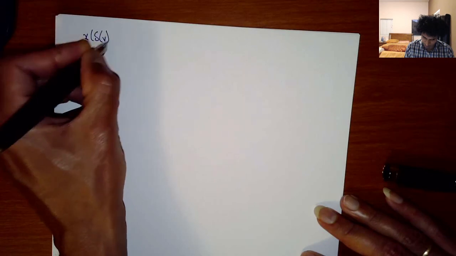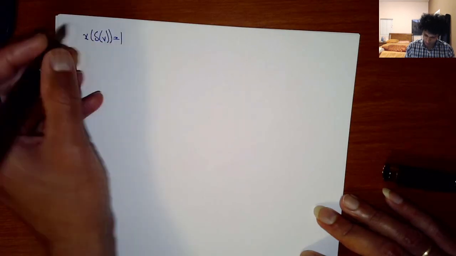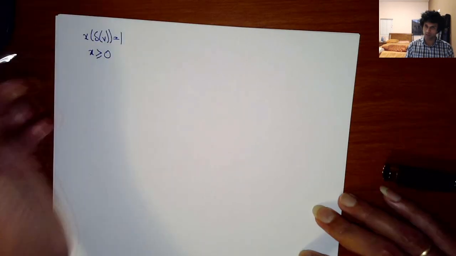So now I'm just doing the Birkhoff polytope, or rather the bipartite matching. And so what we get here is that, remember, x(δ(v)) is equal to 1, x is greater than or equal to 0.